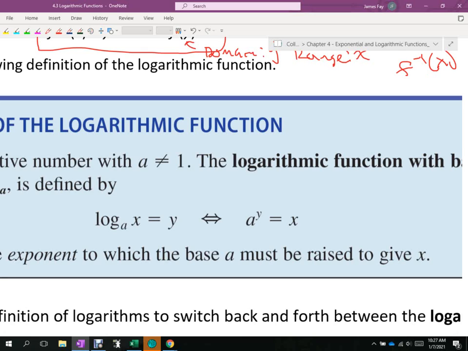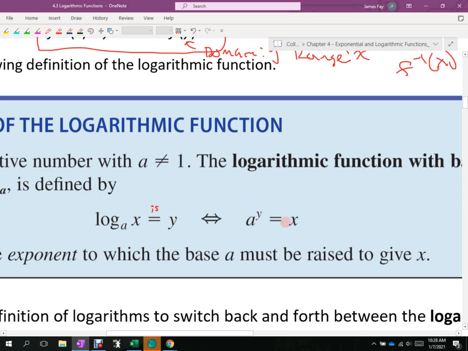If I were to classify it as some other kind of number, what is a logarithm? Think about this. The logarithm base a of x is y.